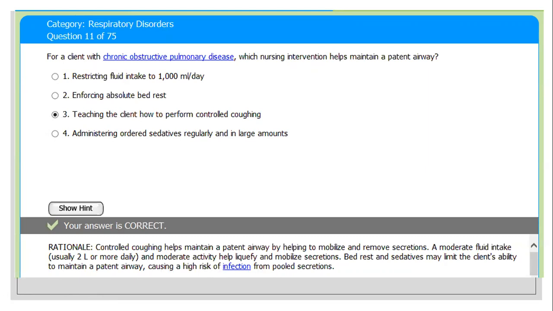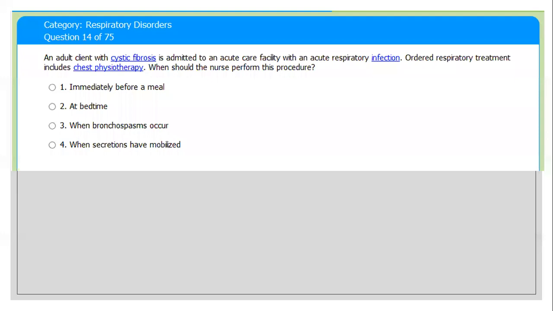So first of all, we have to know how to care for the patient who has COPD. Nursing care for a COPD patient is important, right?